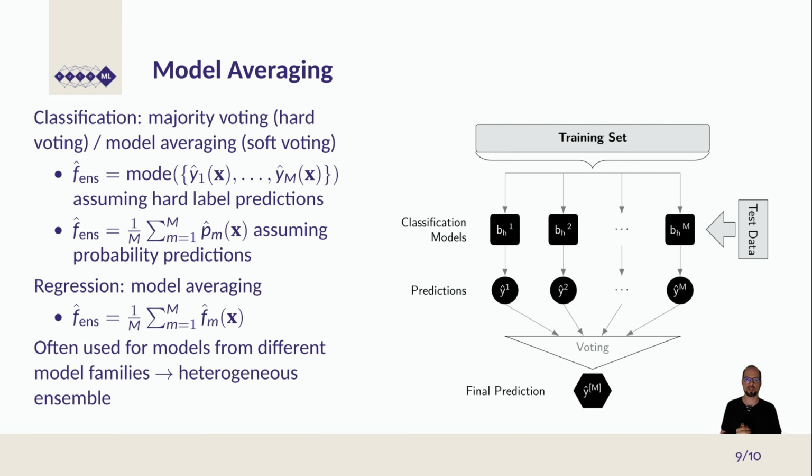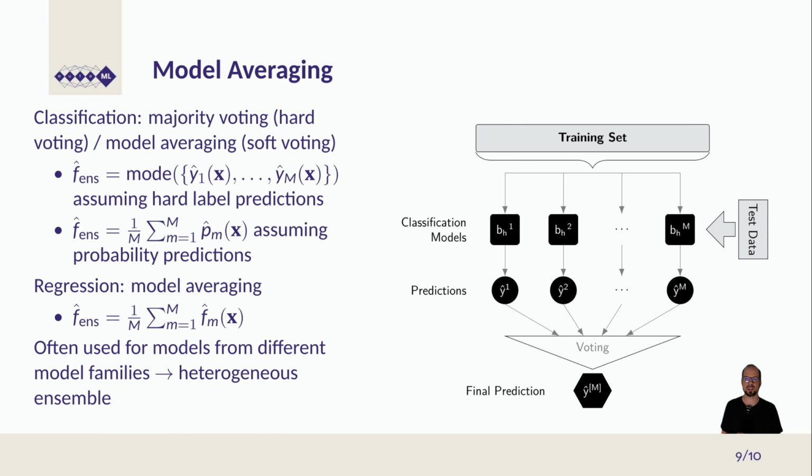We can also use model averaging, sometimes also called soft voting, where we take the probabilities of the individual models and we average them. Then we obtain new probabilities for every class. If we want to make a prediction for a classification there, we would simply take the argmax of that. And otherwise, we can simply continue working with the probabilities vector.